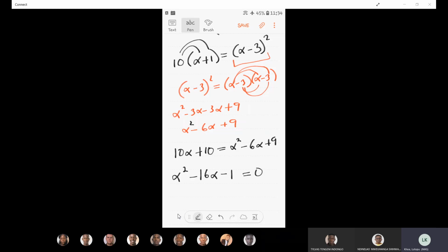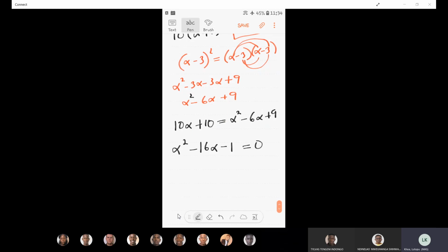So here, if it was possible to factorize this, you'd look for two numbers that when you multiply them, the answer is -1, but when you add them, the answer is -16. So you cannot find two such numbers. So what you do instead is you use the quadratic formula, or you can complete the square. It's really up to you.